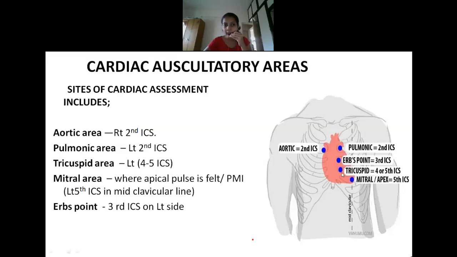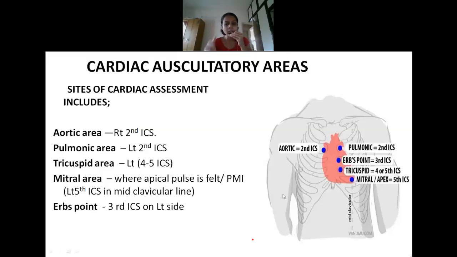Next, in the fourth or fifth intercostal space nearby, we have the tricuspid area. Then the mitral area, or apical pulse or point of maximum impulse, is on the left side in the fifth intercostal space. That is regarding the auscultatory areas.